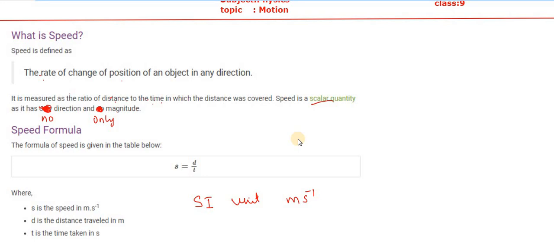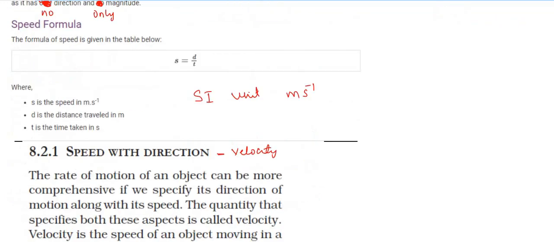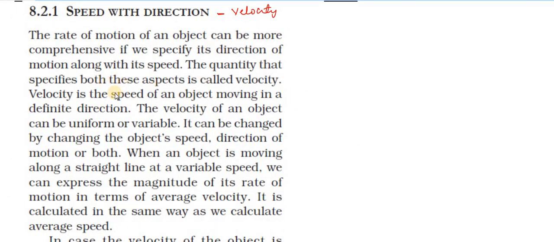The quantity that specifies both aspects is called velocity. The rate of motion of an object can be described more comprehensively if we specify its direction of motion along with its speed.